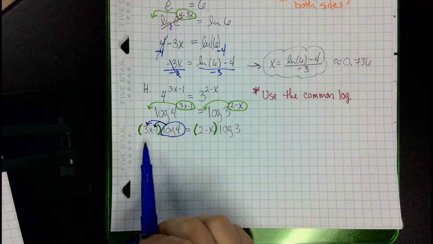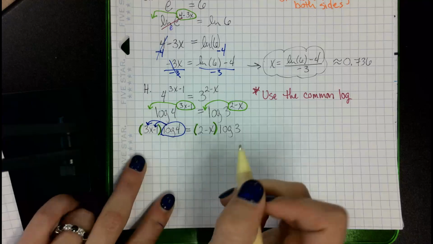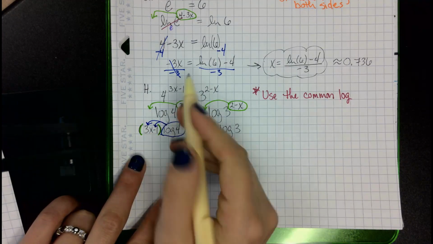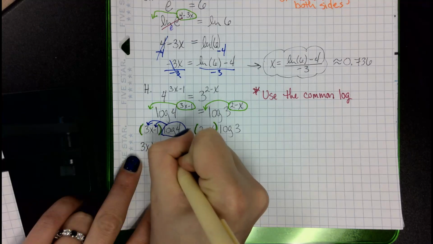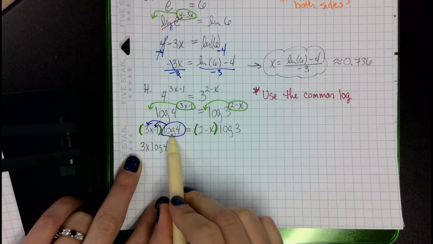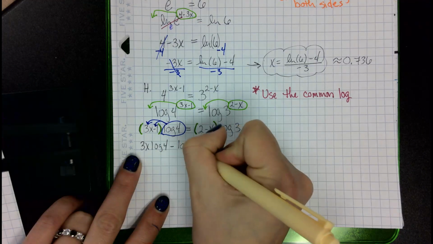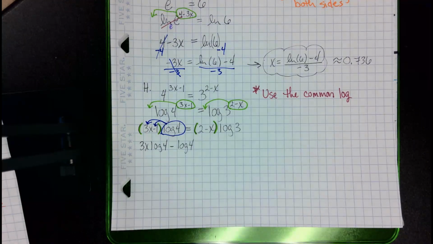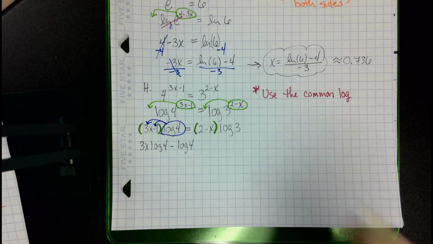I'm just going to write 3x log 4 minus log 4. The not so nice part is it's going to make it really long, and it's going to look like I did a whole lot and be kind of scary looking, but I'm just taking the 3x times log of 4, and then I'm taking log of 4 times the negative 1, so minus log of 4. So I didn't really do anything hard, but now it's starting to become a really long equation.